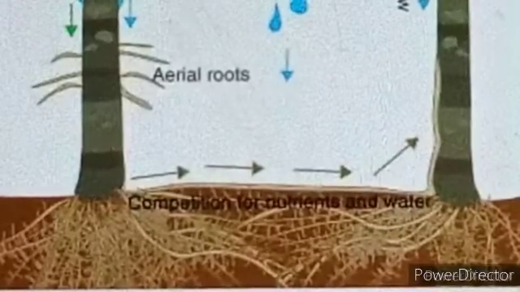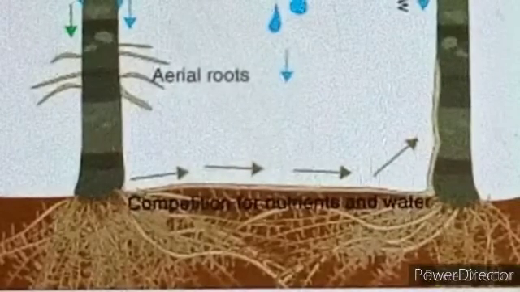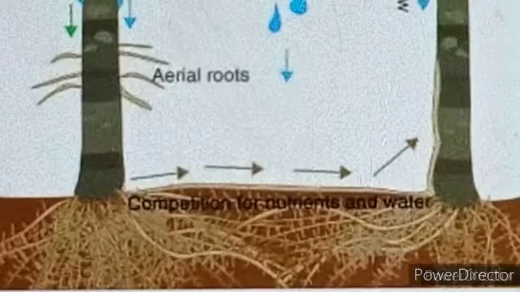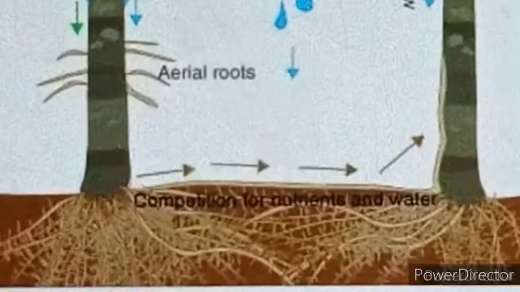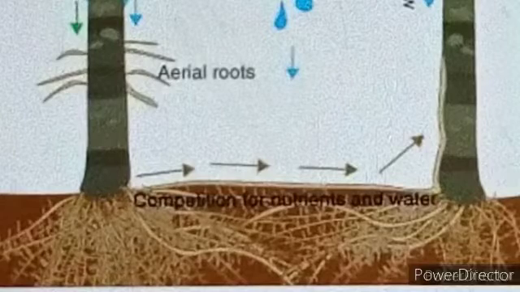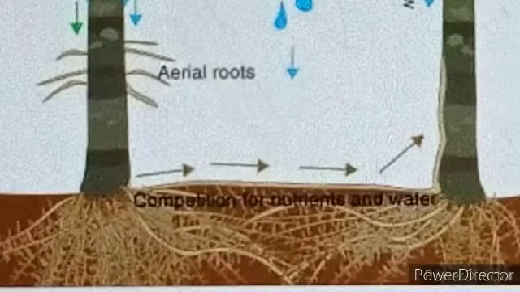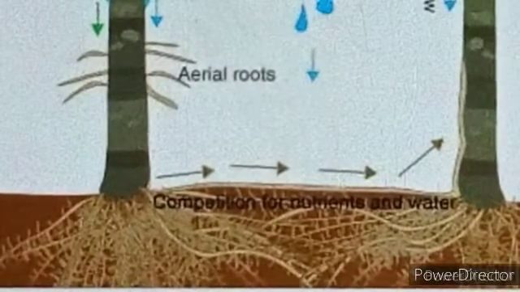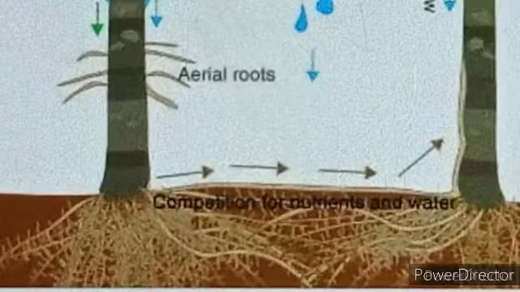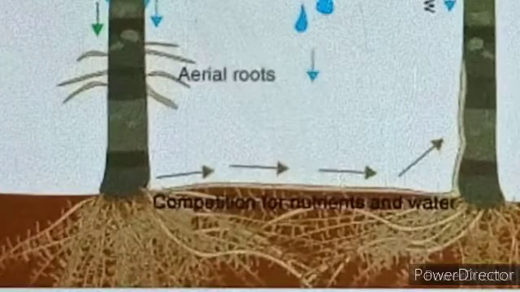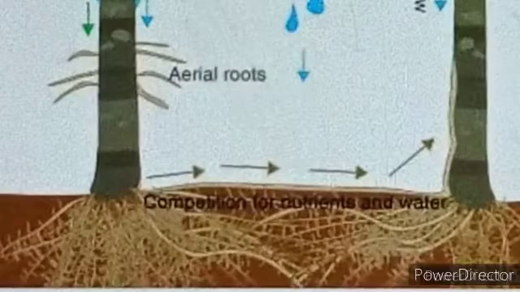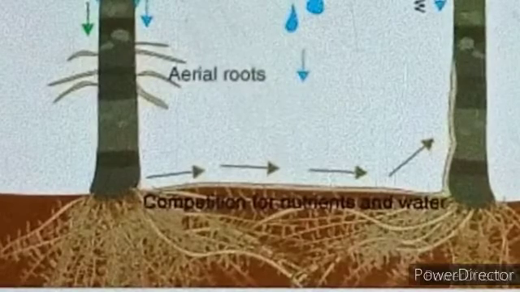The roots of trees hold the soil together and prevent it from being carried away by wind or water. These are some ways of soil conservation. Now let's watch a small video about soil conservation.